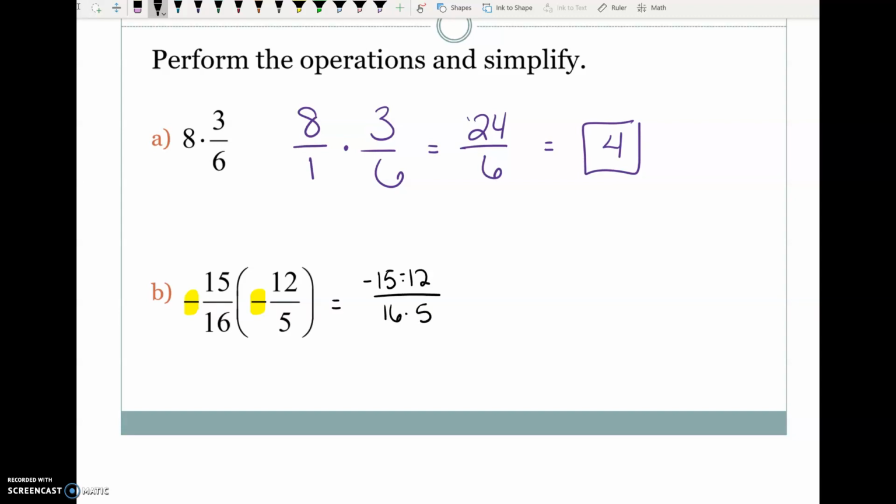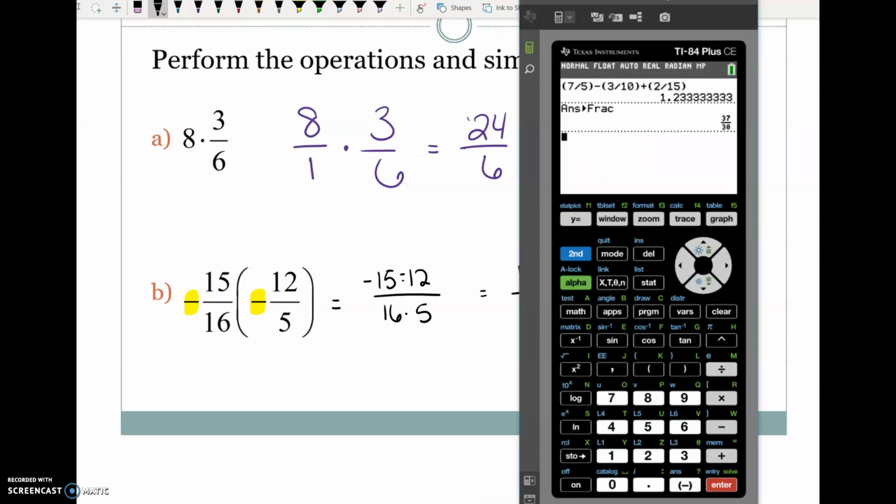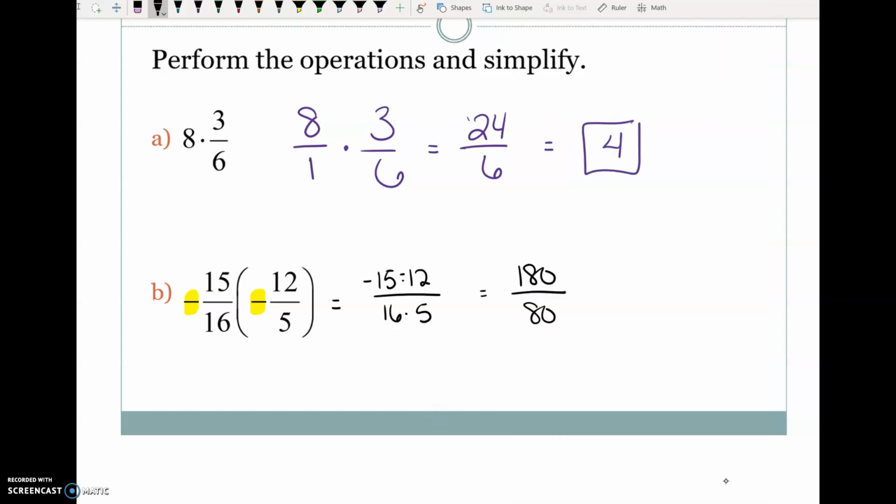Really, we're doing negative 15 times negative 12, which is positive 180. On the bottom, 16 times 5 is 80. And then you can use your calculator. 180 over 80. Simplify that fraction. It is the fraction 9/4.